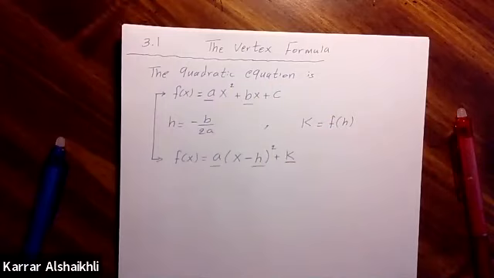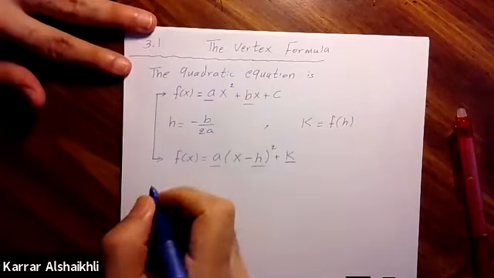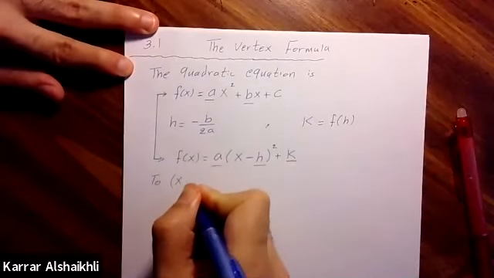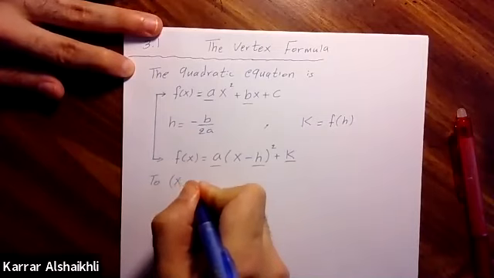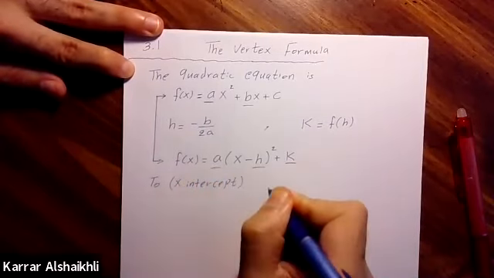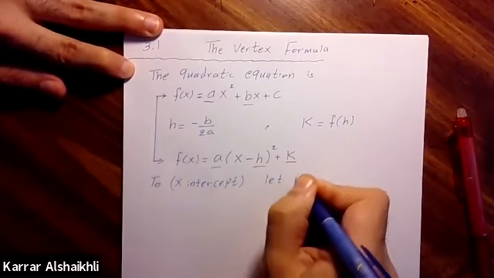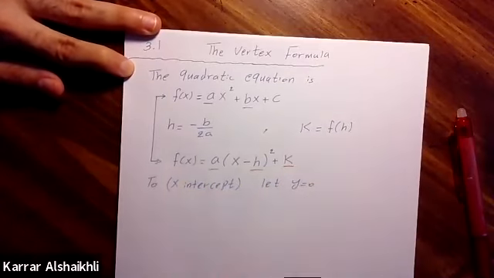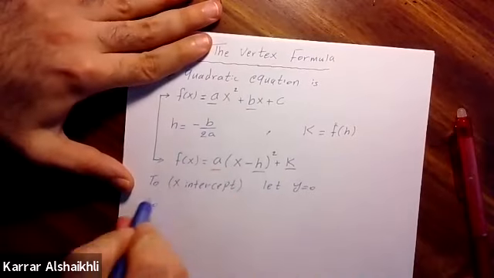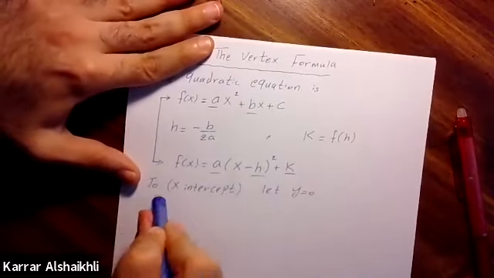We already know if we need to find the x-intercept, you're going to let y equal 0, always. To find the y-intercept, how are we going to find the y-intercept?